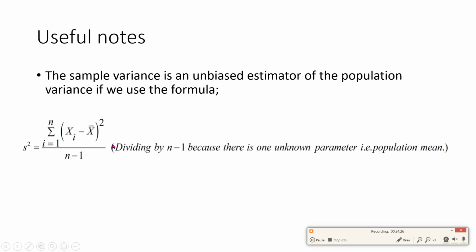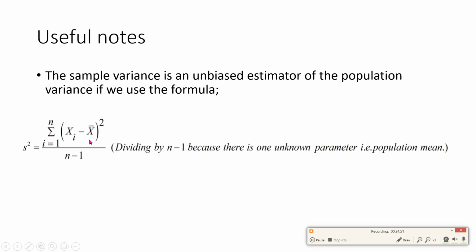So why is this an unbiased estimator? If you look at the numerator, this deviation xi minus x bar squared, had this been the population variance formula, it should have been xi minus mu whole squared. Note that the population mean is represented by the Greek symbol mu.